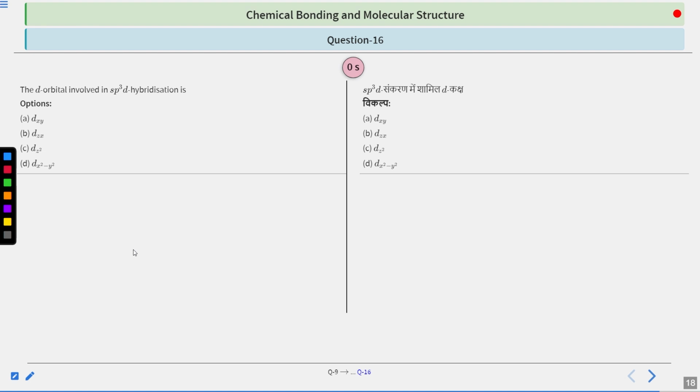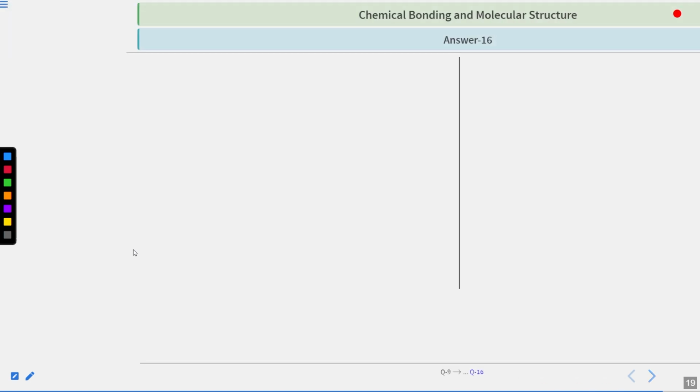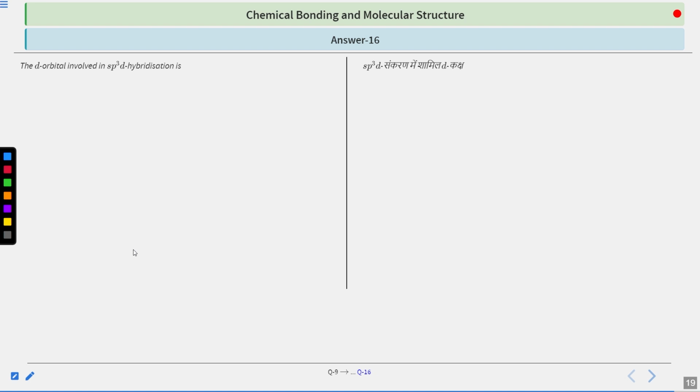Okay. Now let us see how we can solve this question. First of all, the d subshell has 5 orbitals: dxy, dyz, dxz, dx square minus y square, and dz square. Now you have to find which one is involved in sp3d, because sp3d involves only one d orbital.